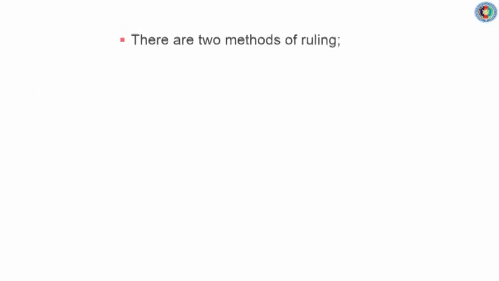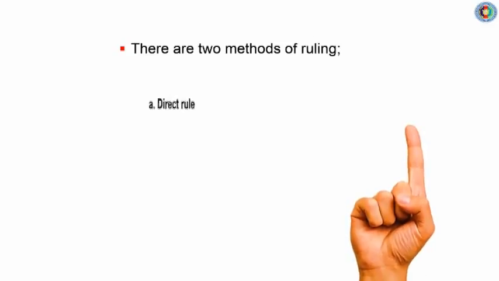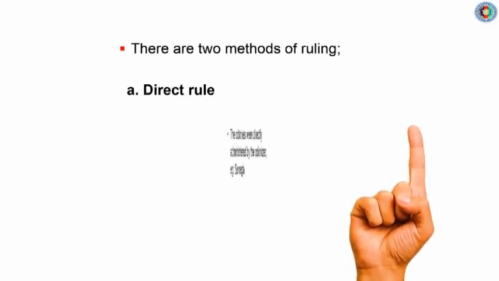Basically, there are two methods of ruling. First is direct rules, and second is indirect rules.